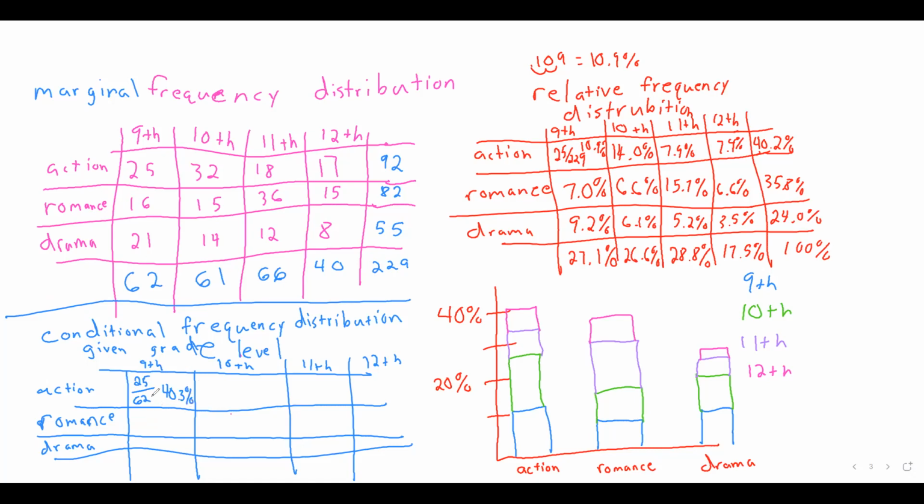For romance, I take the 16 that's there divided by 62 and I get 25.8. For drama, I get 21 divided by 62, which is 33.9%. And these should total to approximately 100%. They should all total to 100%.